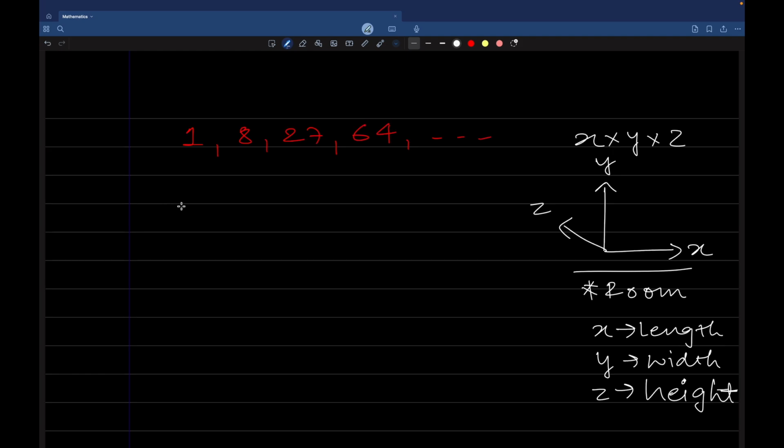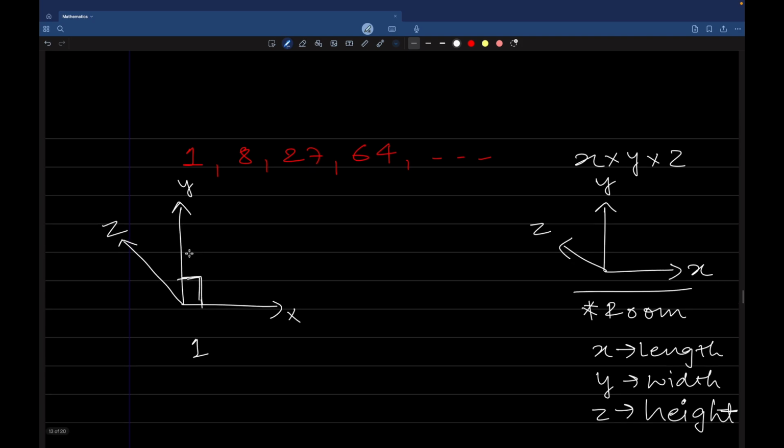Let us try to plot these numbers in 3 dimensions. That is, for 1 we have to take 1 in each dimension. So this will be 1 in x direction, 1 in y direction, and 1 in z direction. It will be 1 only because this 1 is a cube.